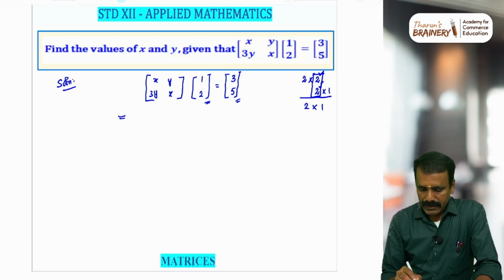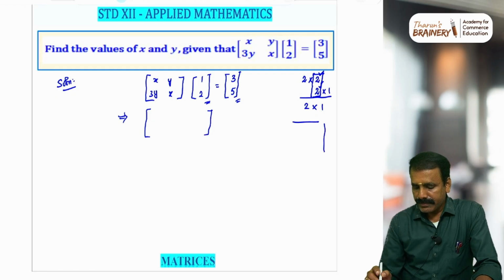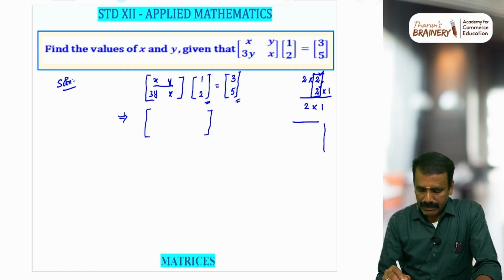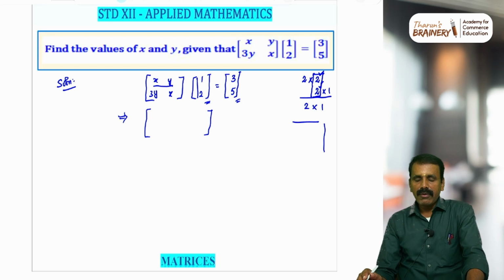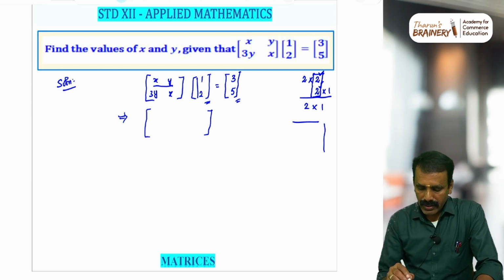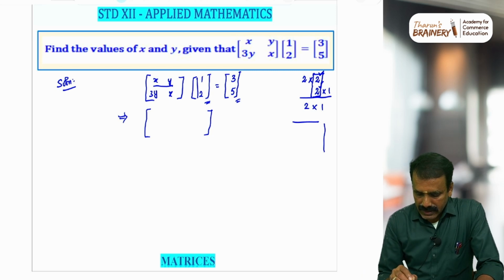So we start multiplying by the usual method. How to multiply? First row multiplied with the first column, because we are going to have only 1 column. Okay. So what is the answer? x multiplied with 1, x into 1, plus y multiplied with 2, y into 2.